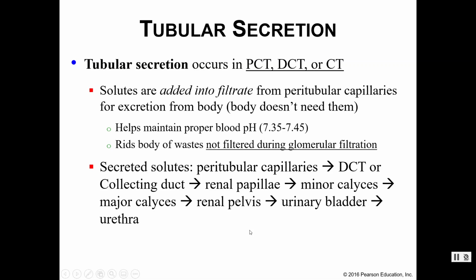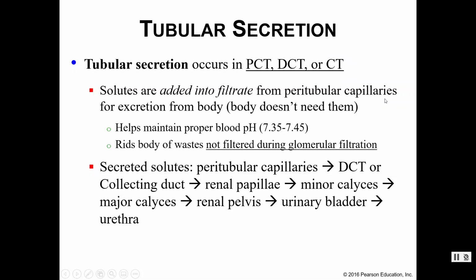All right, last but not least, we have tubular secretion. This can also occur at any point on the renal tubule: the proximal tubule, the distal tubule, or even the collecting tubule. Your solutes, we're going to add them to the filtrate from the peritubular capillaries.